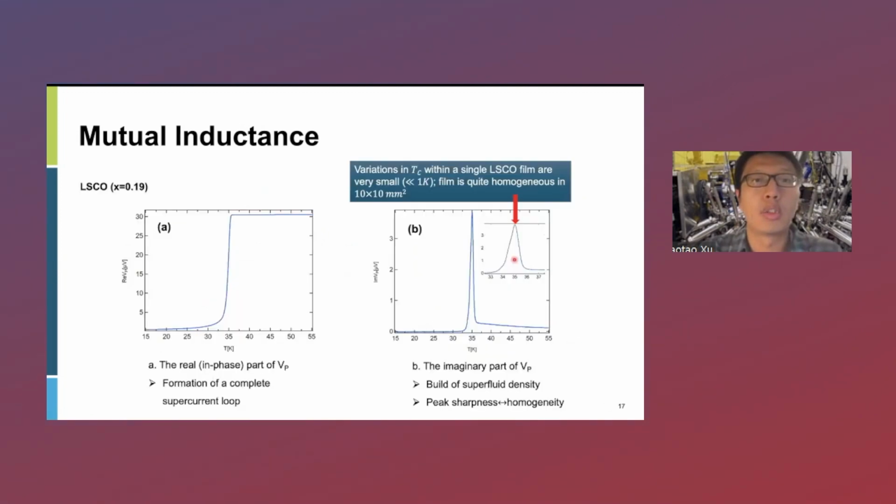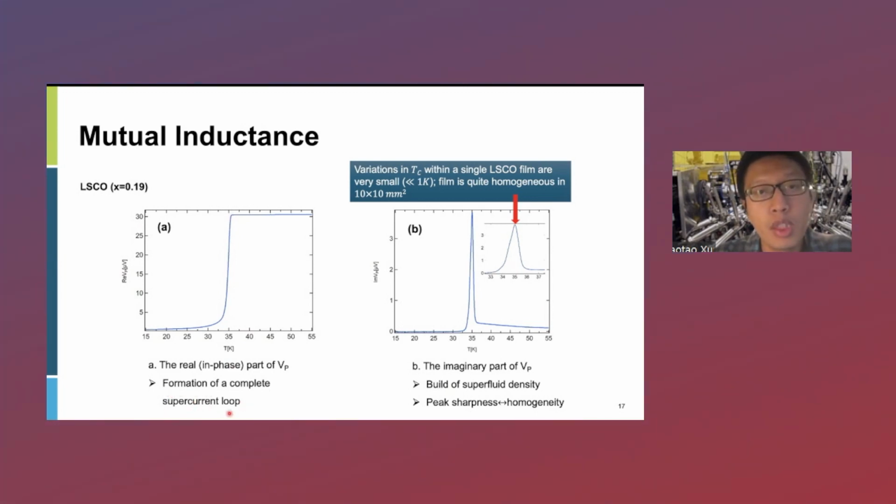So let's look at the mutual inductance data. Normally, it contains two parts: the real part and the imaginary part. If we look at the real part on the left-hand side, there is a huge drop of the signal at about 36 to 37 K, which corresponds to the formation of a complete superconducting loop.